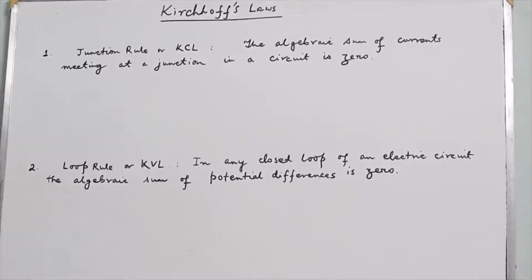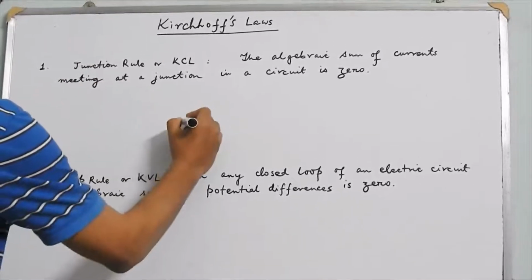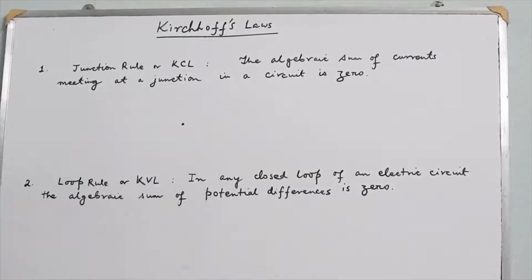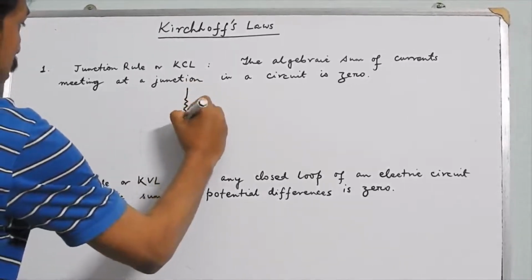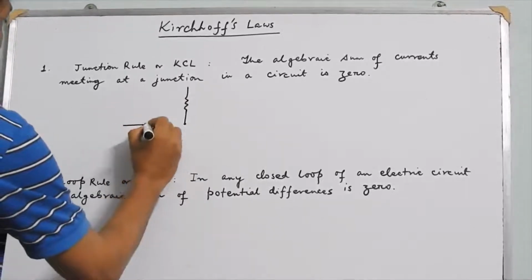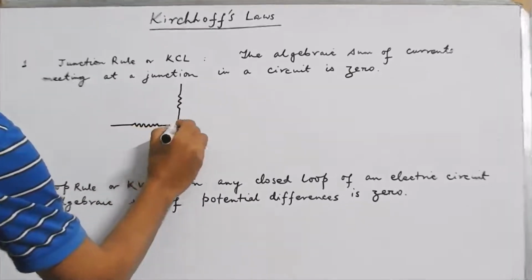Let me take an example. Suppose there is a junction in a complex electrical network. Suppose there are one or more resistances that meet at that particular junction.